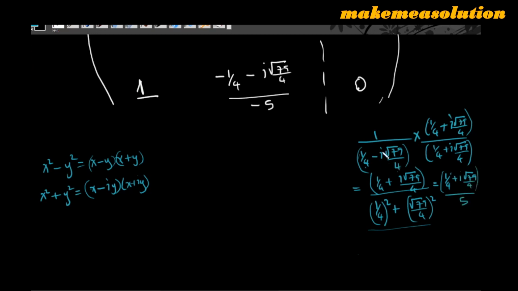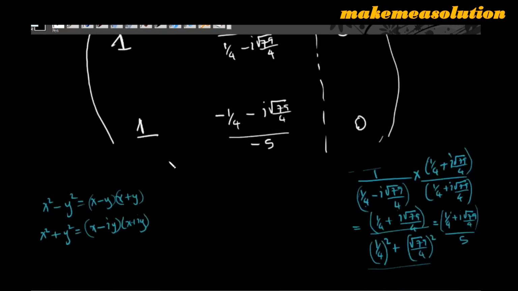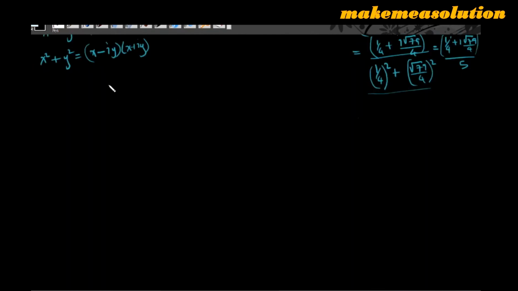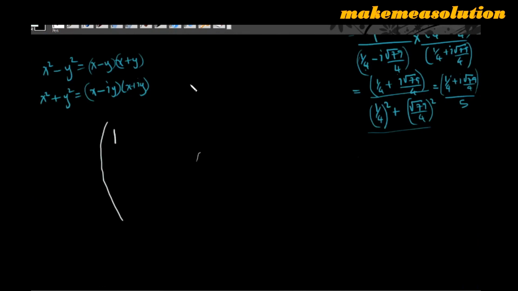So that is what we get when we take the reciprocal of this complex number over here. So I'm just going to write that at this point in the new line. We are going to have 1. Then the reciprocal of that complex number above gives us 1 over 4 plus i root 79 over 4 divided by 5.